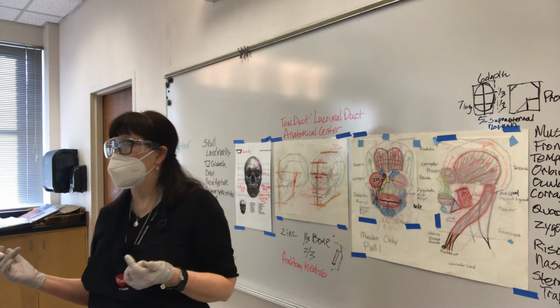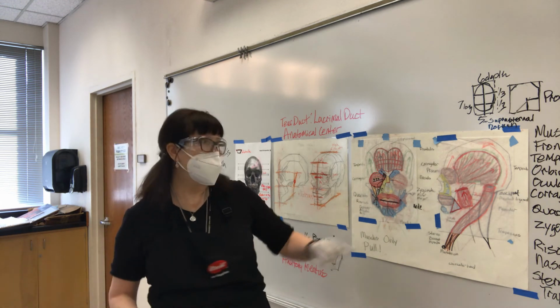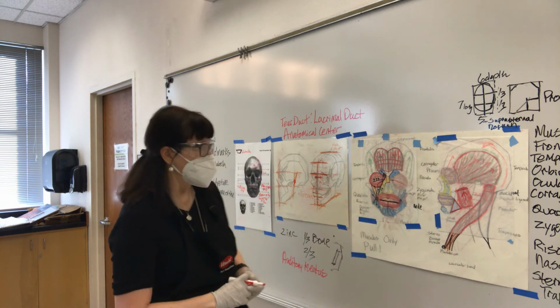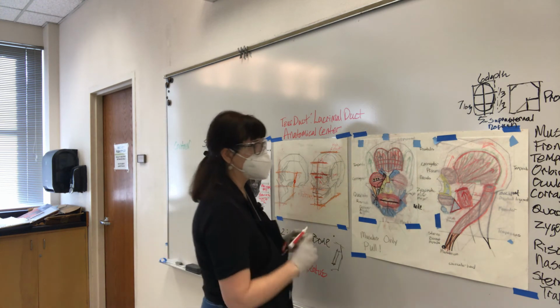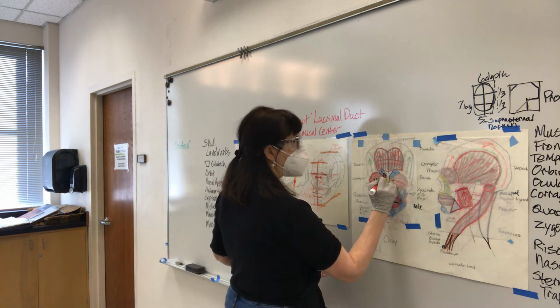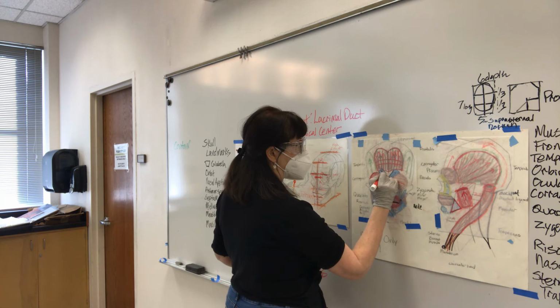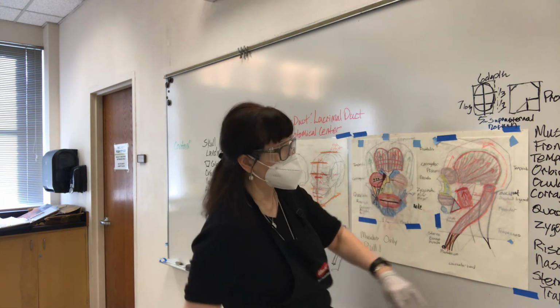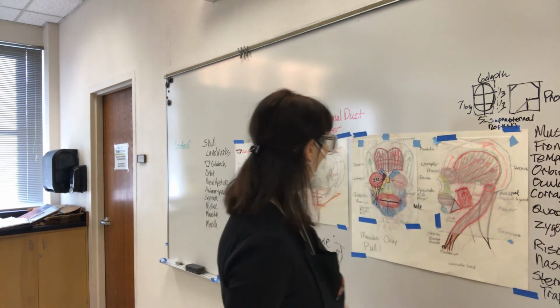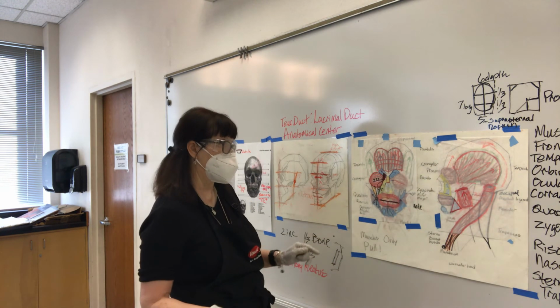Anything you see that's labeled oris deals with the mouth. Okay, so it has this little tail-like form that comes off that muscle right here, and it's called the procerus. All of these are in your book, by the way.